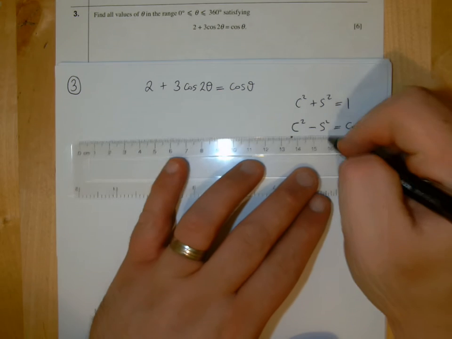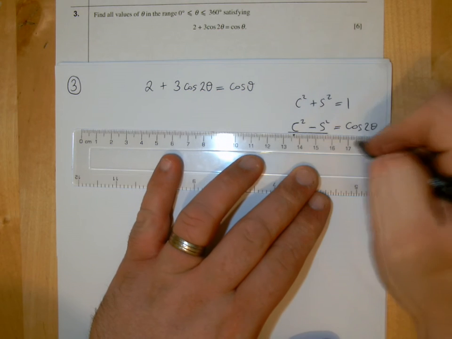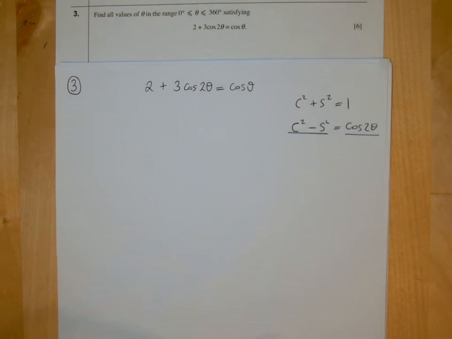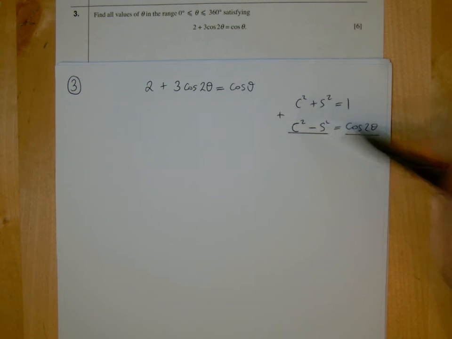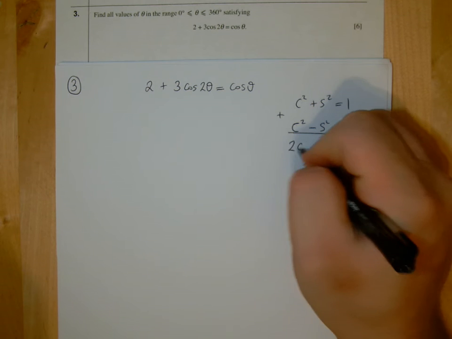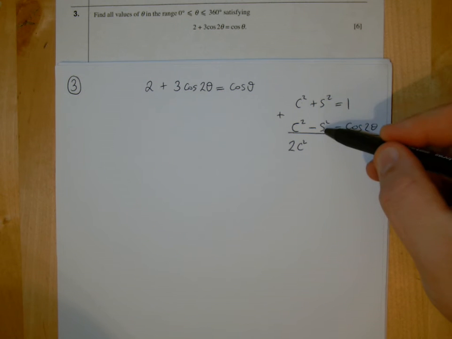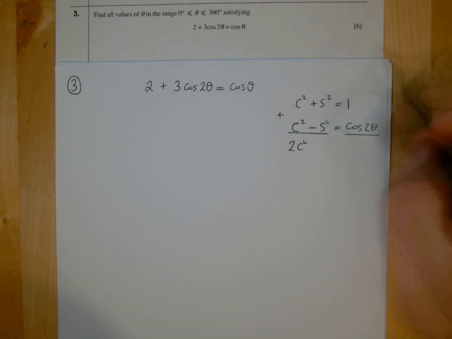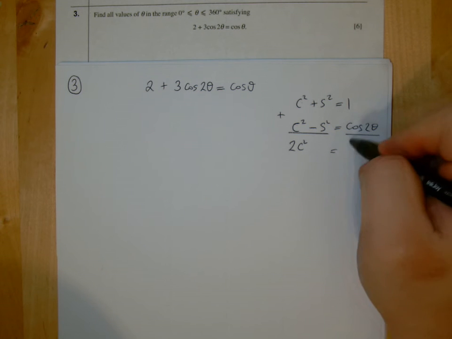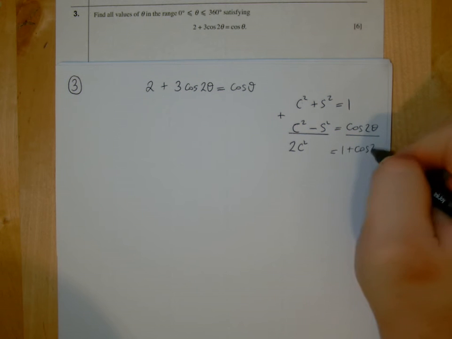And what we can do here, if you think about it, we've got two equations here. If I add them, look what happens. Cos squared and cos squared is 2 cos squared. If I add this here, sine squared add minus sine squared is 0. And on the other side then, 1 plus cos 2 theta.